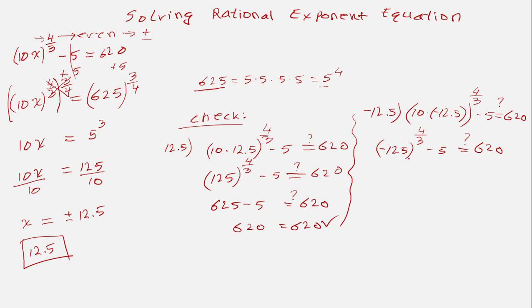Well, negative 125, if we take a cube root of that, it's going to be negative 5. And then when we raise negative 5 to the power of 4, it is going to be 625 again. Which means we get 620 equal to 620 again, which means this one also works. So we have negative 12.5 as our second answer.